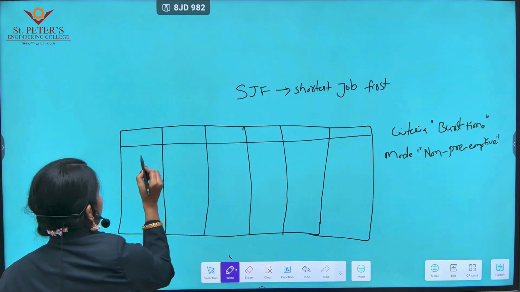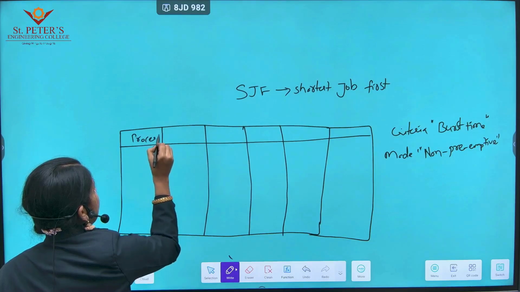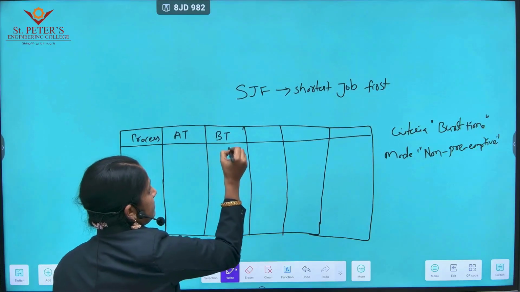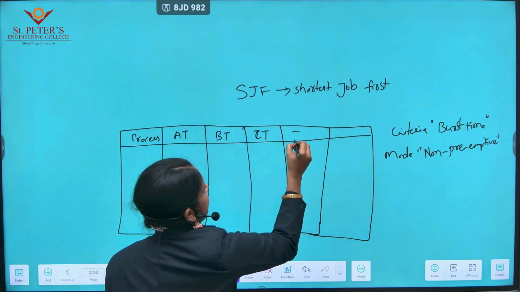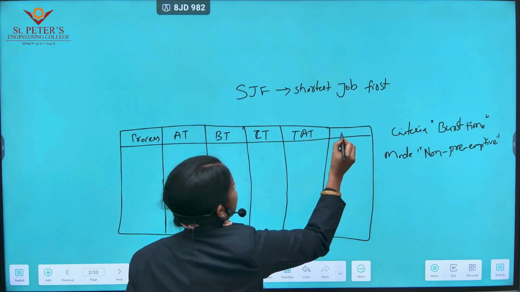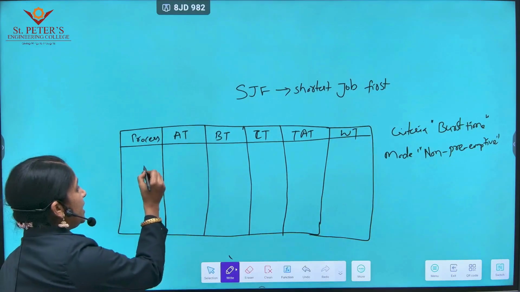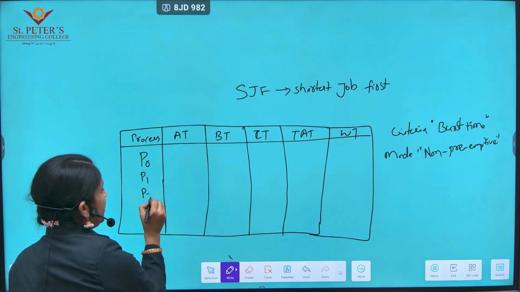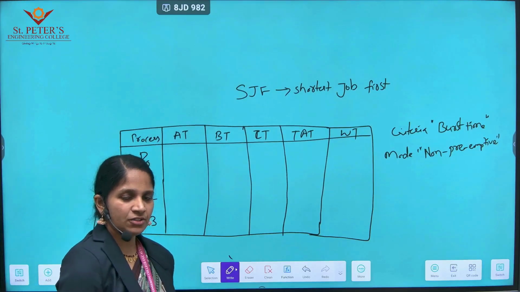First we have to find out completion time. So process, AT is arrival time, BT is burst time, then completion time, turnaround time and waiting time. So first we take how many processes there are: P0, P1, P2 and P3. 4 processes we have on the CPU.